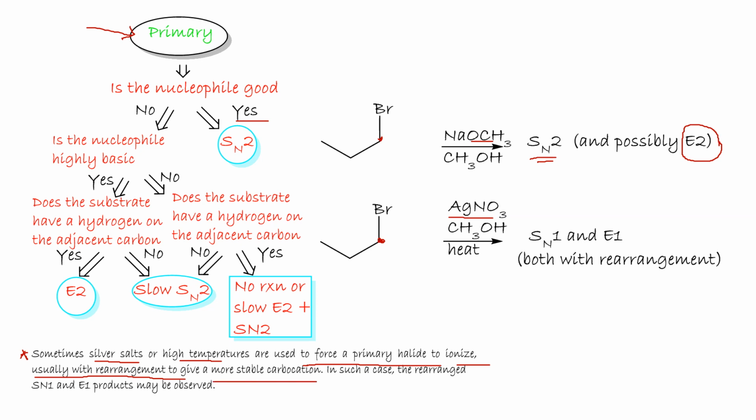We have mentioned that. So you have carbocation, then you have SN1 and E1, both, since we are creating carbocation intermediate, with and without rearrangement.